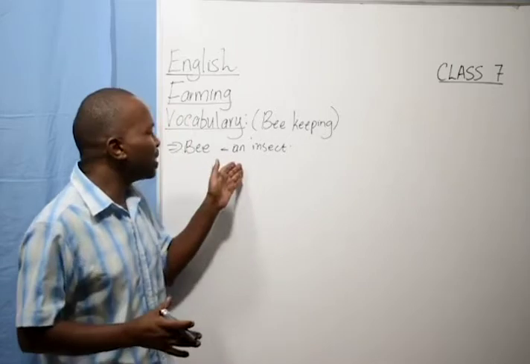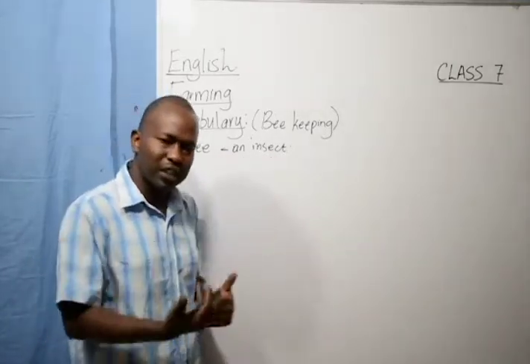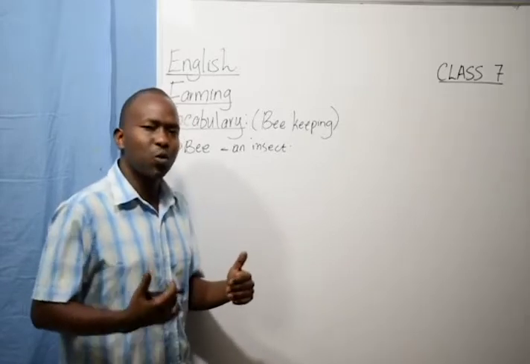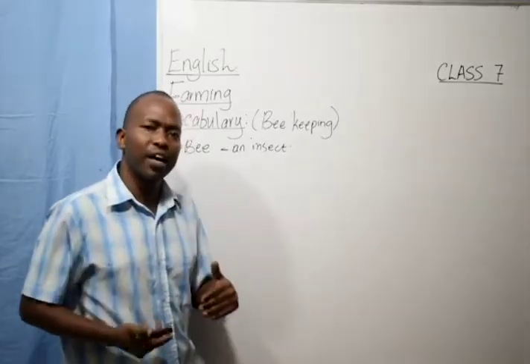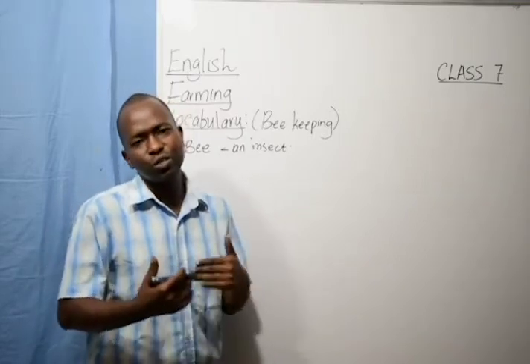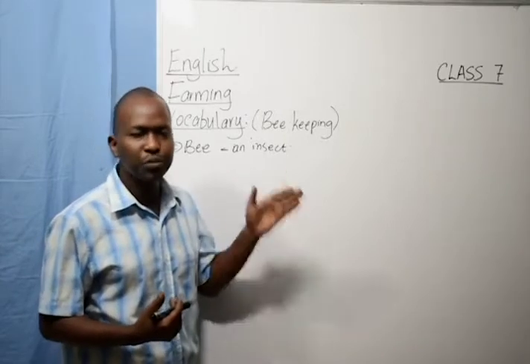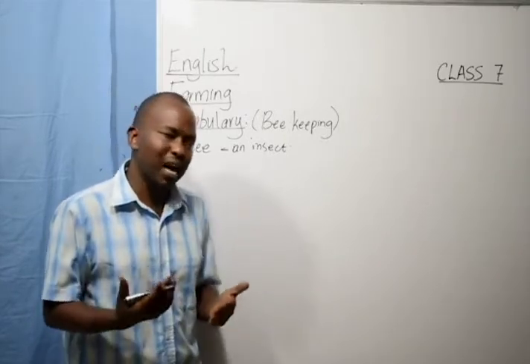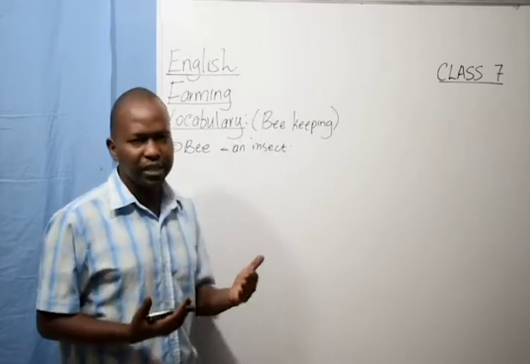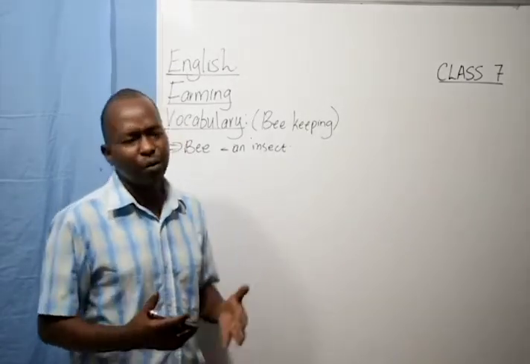So bees are an example of these insects that help in pollination, and that's why fruits and plants continue growing, and we are able to continue seeing more and more of these plants. So it is important that we protect and keep these bees safe. We should not harm them because they're important.